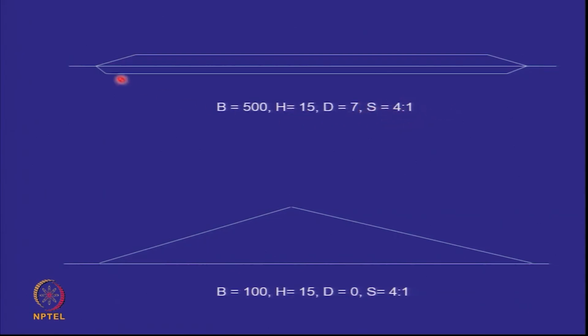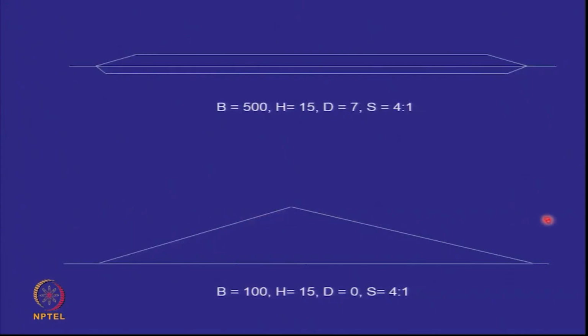S is the side slope of the above ground portion. If I have 100 meters, then I have a problem. I may have the same area. This may be a square configuration and this may be a very long configuration. But the problem is that this is my airspace and I'm using very little of it.